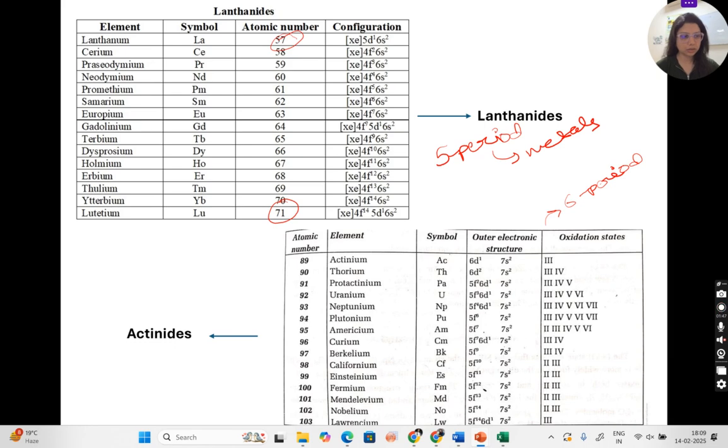Actinides are metals, and most of them, or all of them, are radioactive in nature, whereas lanthanides generally occur in nature. Actinides are synthetic.